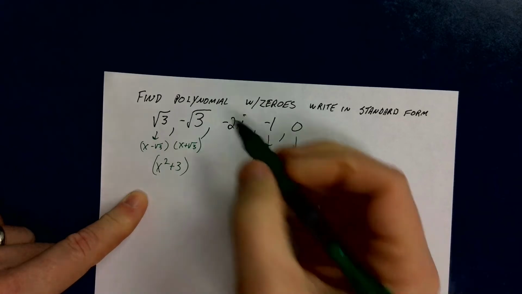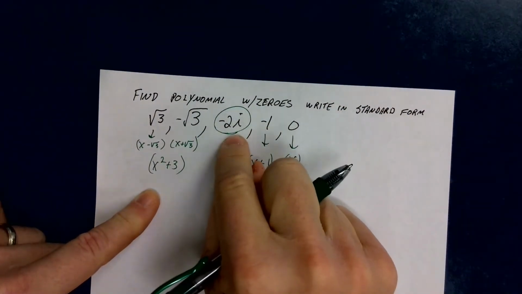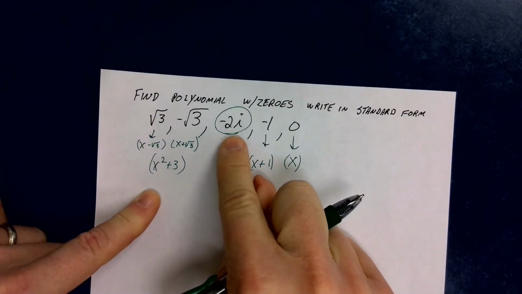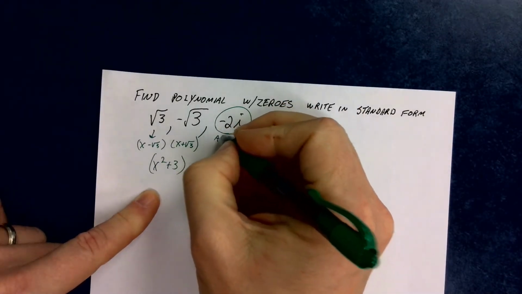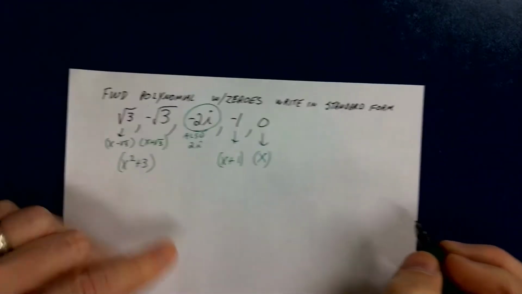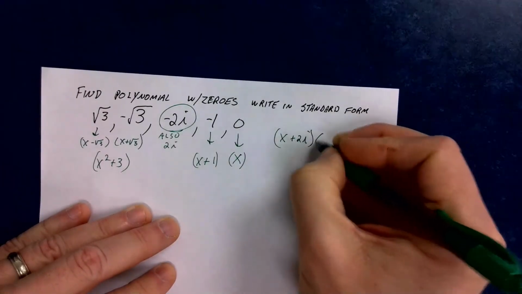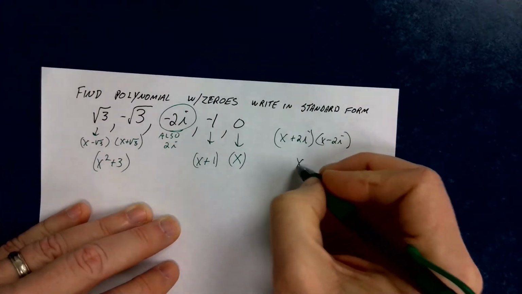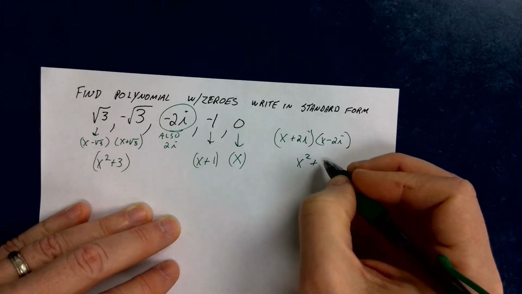And this is the one that I kind of wanted to make sure that you guys were paying attention to. Remember that you can never have a singular imaginary factor for these polynomials, that if negative 2i is there, then also positive 2i has to be in there, which means if x plus 2i is, then x minus 2i is, which means this came from x squared plus 4.